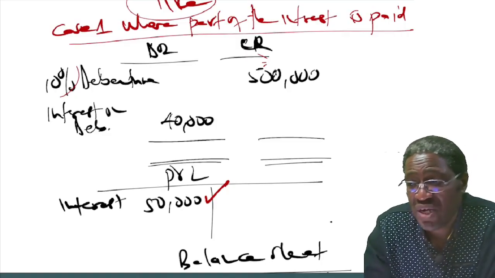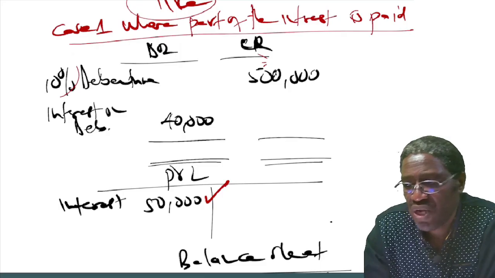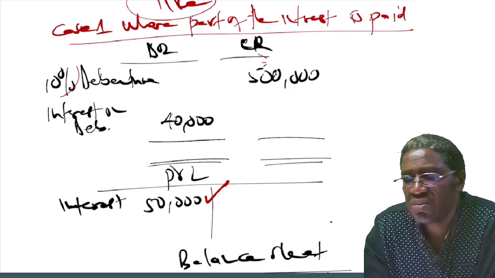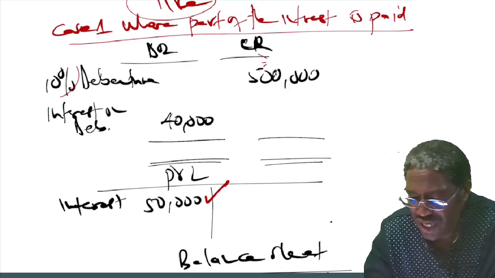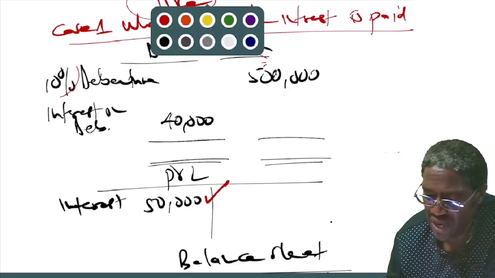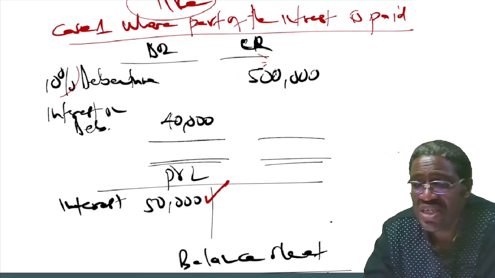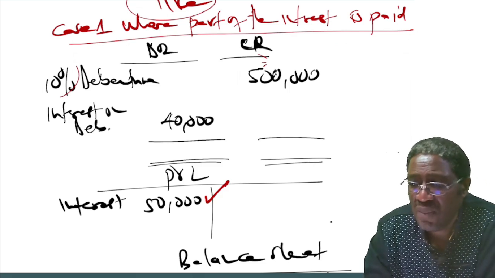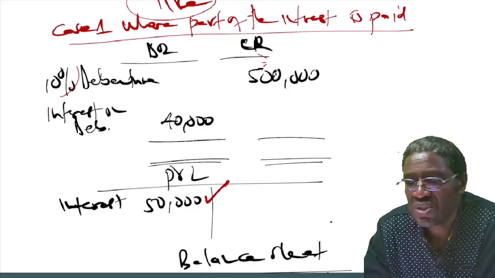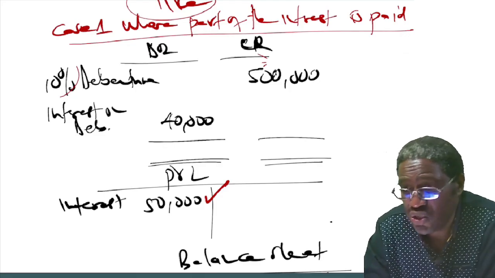Show like you're preparing a trial balance. Then in that trial balance, there's a 10% debenture amounting to 500. Then there is interest on debenture amounting to 40,000. Then you show like you're closing your trial balance.